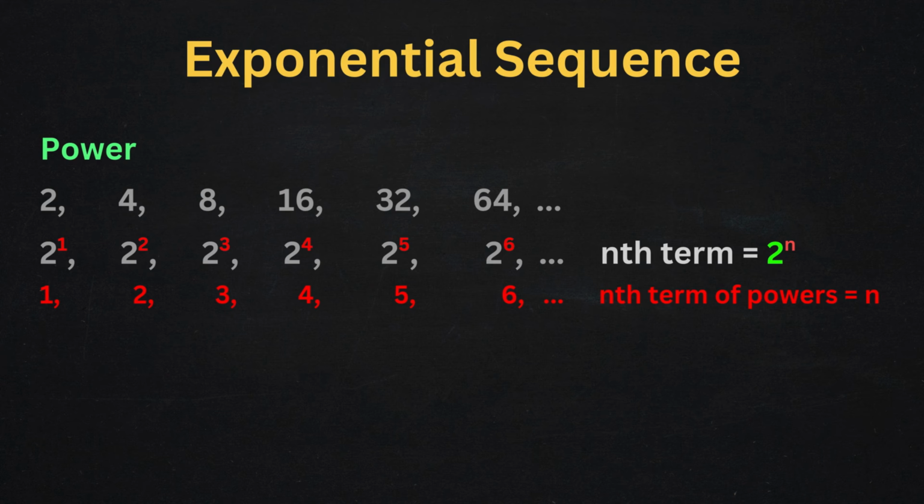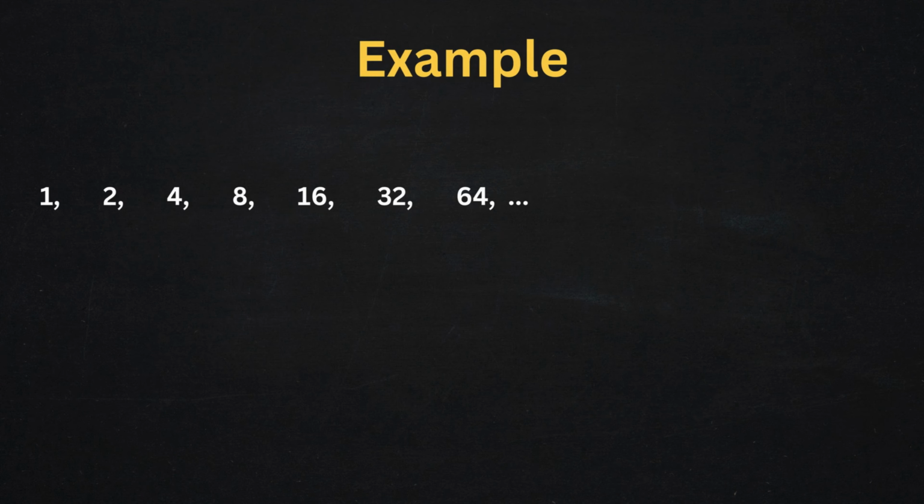Let's take another example. 1, 2, 4, 8, 16. You can write it as 2 power 1, 2 power 2, 2 power 3, but what is this? Remember, anything to the power of 0 is 1. So 1 can be written as 2 power 0.